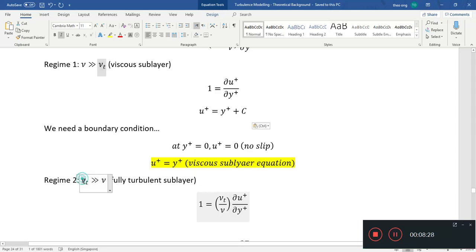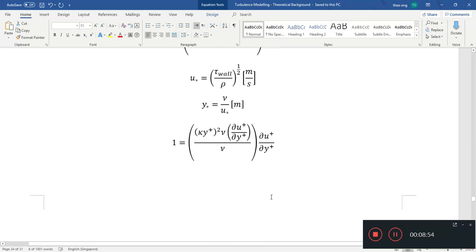The other regime is where the turbulent viscosity is much more than the fluid kinematic viscosity. So this is the fully turbulent sublayer. So at a certain value of y plus, we will transition from the first regime, the viscous sublayer, into the second regime, the turbulent sublayer.